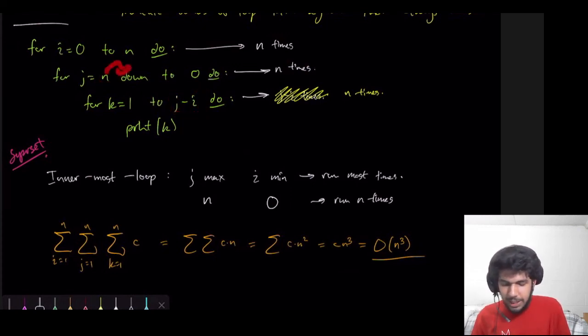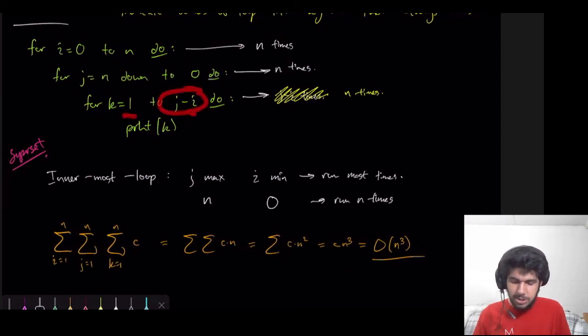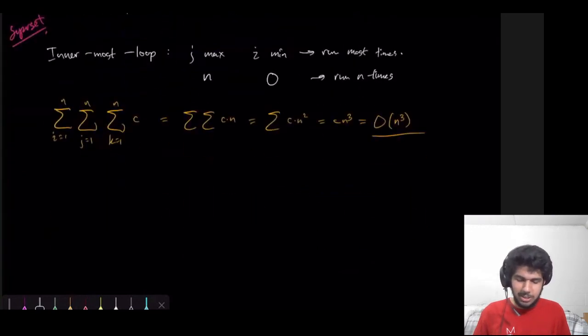Then when j goes to n minus 1, it goes from 1 to n minus 1, because I doesn't change, until eventually j minus I gets down to 0, and then k goes from 1 to 0, which doesn't occur at all.